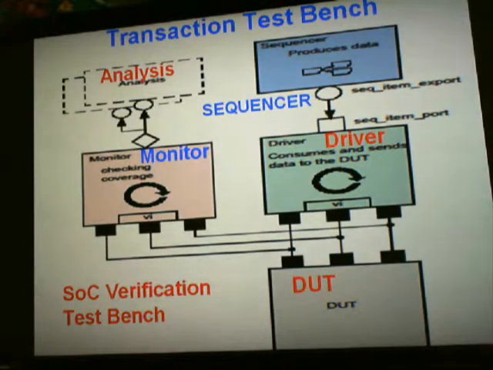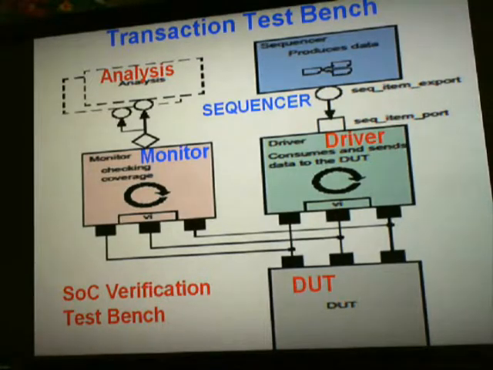The basic level components of a transaction level verification environment are a stimulus generator sequencer to create transaction level traffic to the DUT, a driver to convert these transactions to signal level stimulus at the DUT interface, a monitor to recognize signal level activity on the DUT, device under test, and an analysis component to analyze transactions.